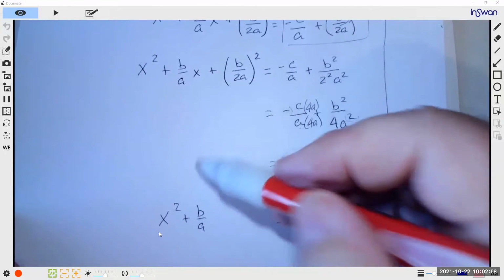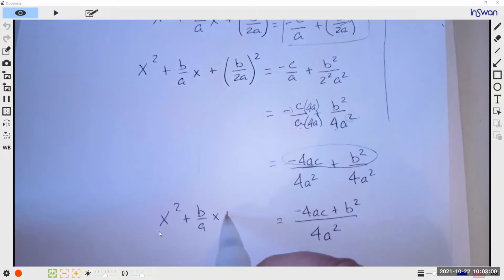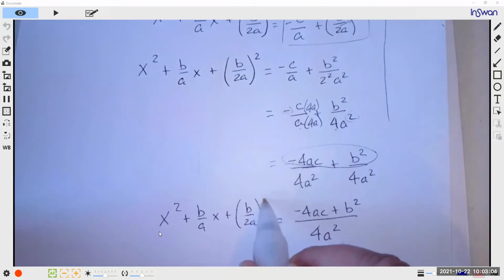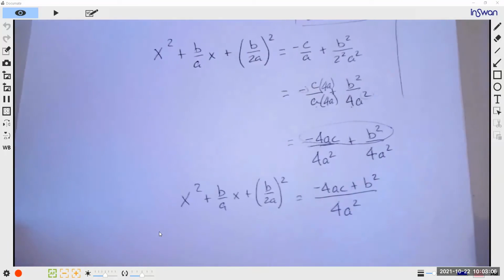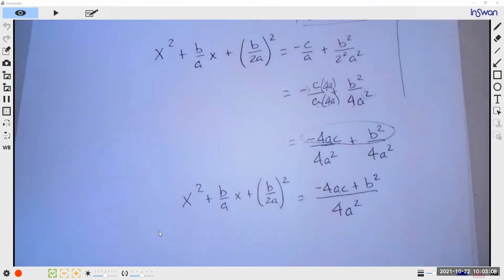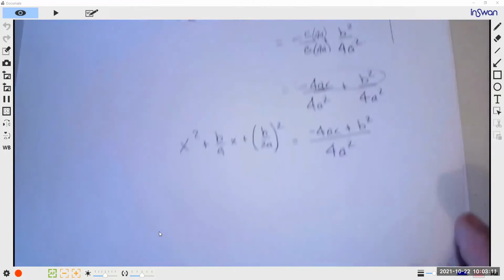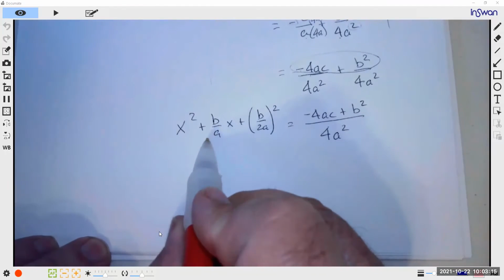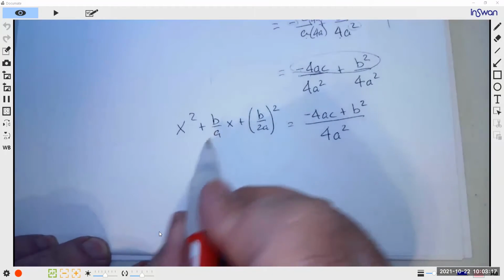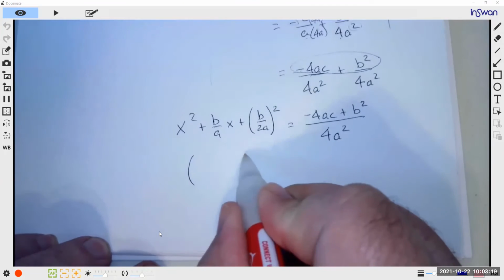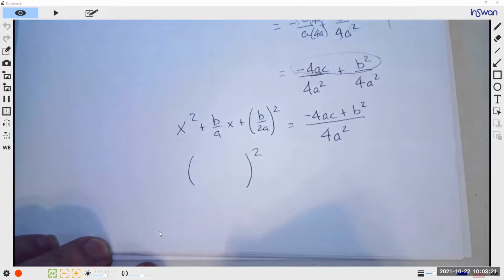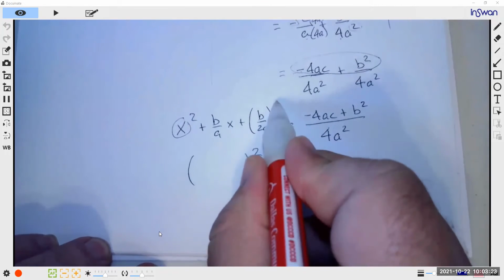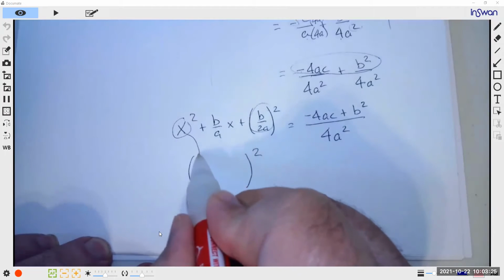And on the left side, this. We're almost done. Whatever's under the squares goes inside the parentheses.